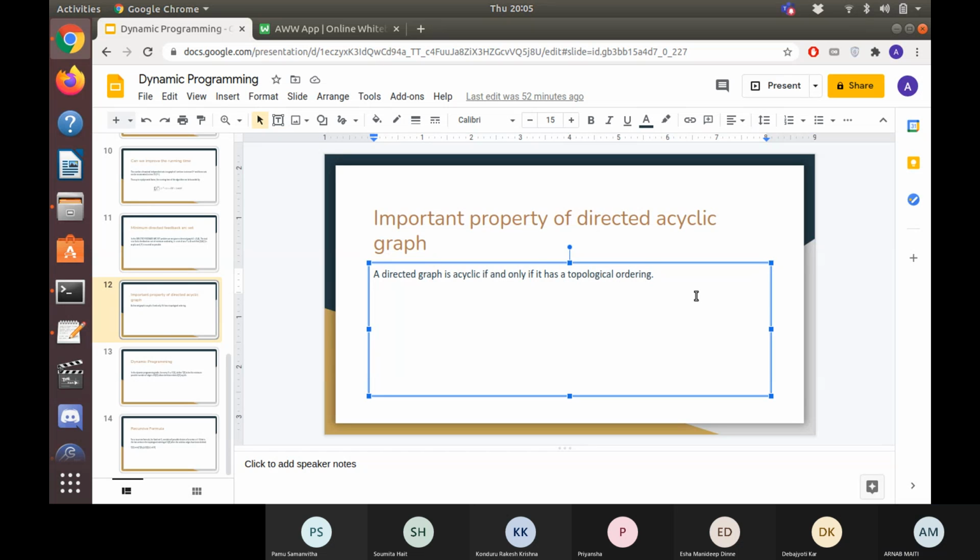So better I'll stop the discussion here. You can take it as a challenge. Better I'll upload the slides tomorrow, somewhere in the evening, so that at least you try for some time and try to come up with a solution. If someone has any doubt regarding topological ordering, please ask me. What is topological ordering? It's standard stuff.